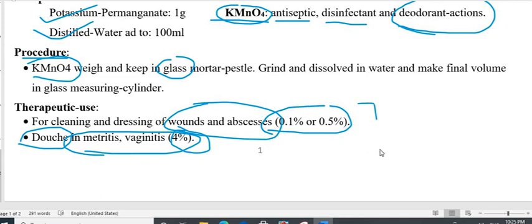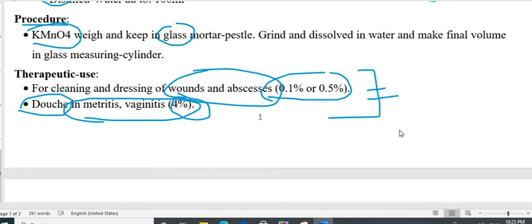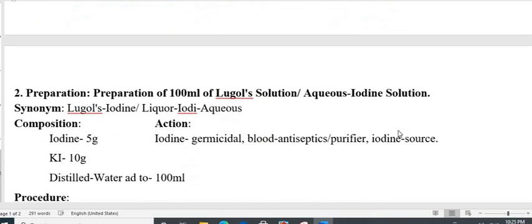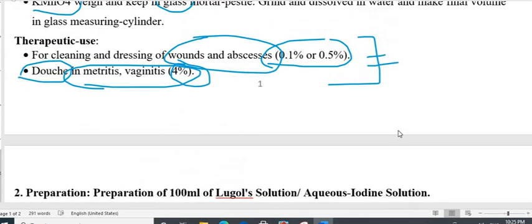So this is very much usable in field conditions. Potassium permanganate solution has very much utility for dressing of wound and abscess. So you make it from 0.1 to 0.5 percent, and as a douche, 4% we are going to use for vaginitis and metritis.